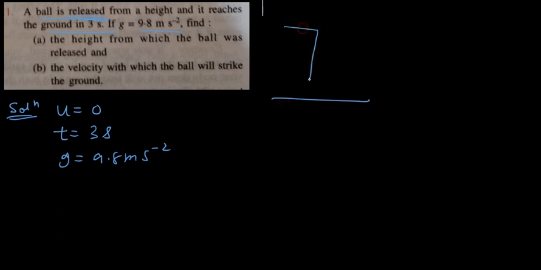So here there is a height, so that is h. A ball is released, so that means u is equal to 0. The ball comes down under gravity, and then it will reach the ground, so that will be v.